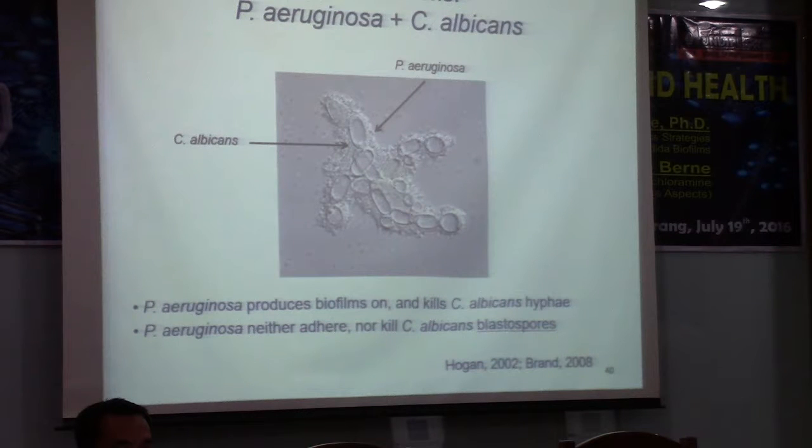But you will see that this biofilm is especially good for Pseudomonas aeruginosa and not for Candida albicans, because Pseudomonas aeruginosa kills Candida albicans cells and uses these yeast cells as a nutriment, as a substrate to develop its own biofilm.